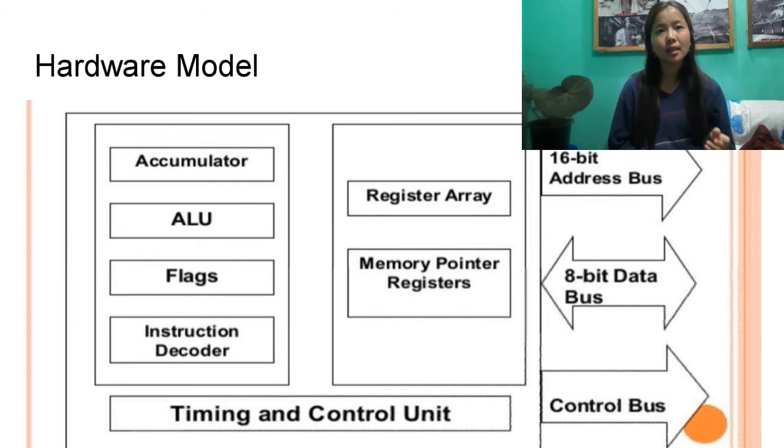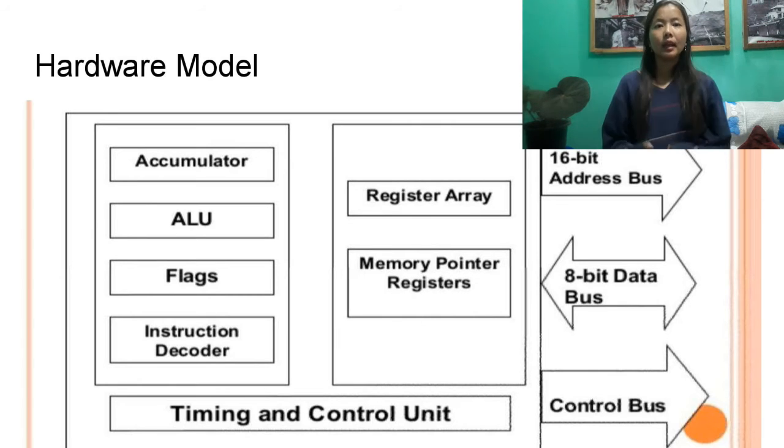Those addresses are carried by this 16-bit address bus, and it gives information to the memory location. And the data is brought back to the microprocessor by the 8-bit data bus. In simpler words, by the address bus we come to know where our instruction is stored, and the data bus brings back the data to the microprocessor for processing.